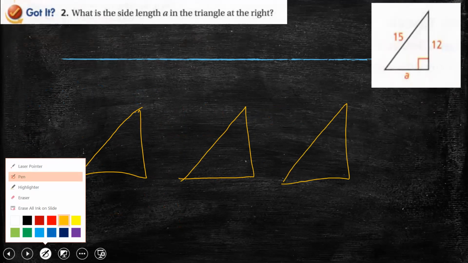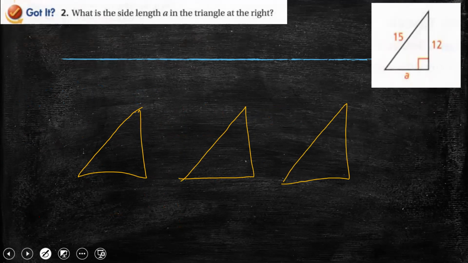Every time the length of the legs is 3 and 4, the length of the hypotenuse will be 5. So this is a right triangle here. We name it 3, 4, 5. What does it mean? That means if the length of the legs is 3 and 4, the length of the hypotenuse would be 5.